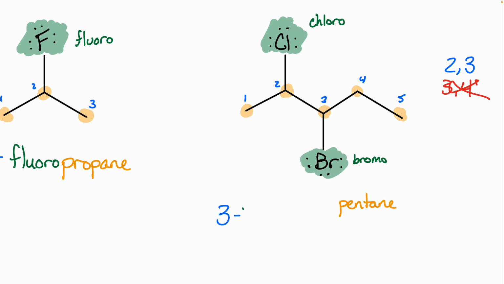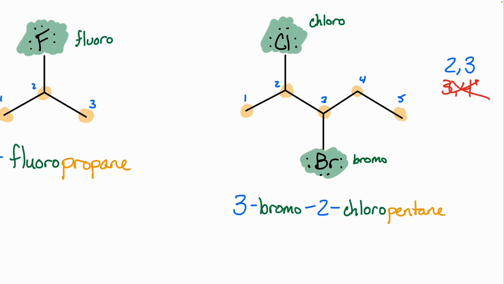3-bromo. Then my 2-chloro. And then my parent chain, my pentane. All right, so our substituents, they go in alphabetical order in our name. Again, we have no spaces. Let's just note that our dashes are always separating the numbers and the letters in our name.